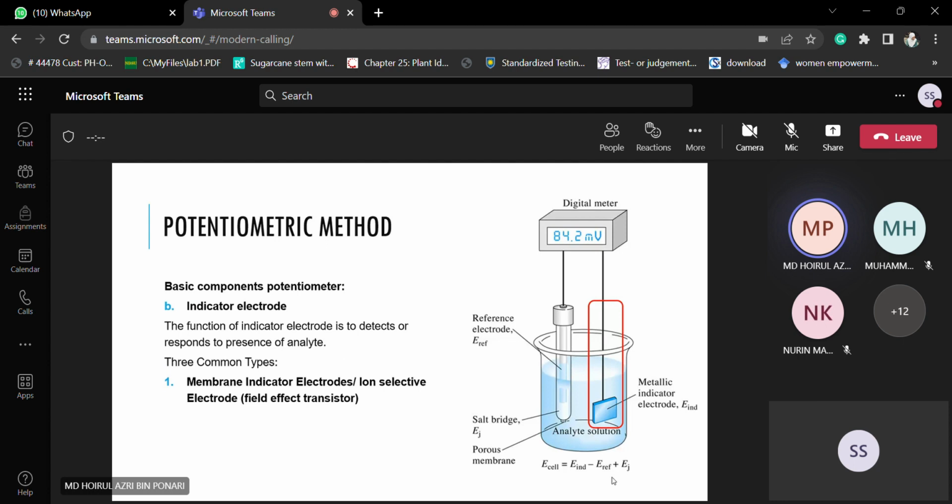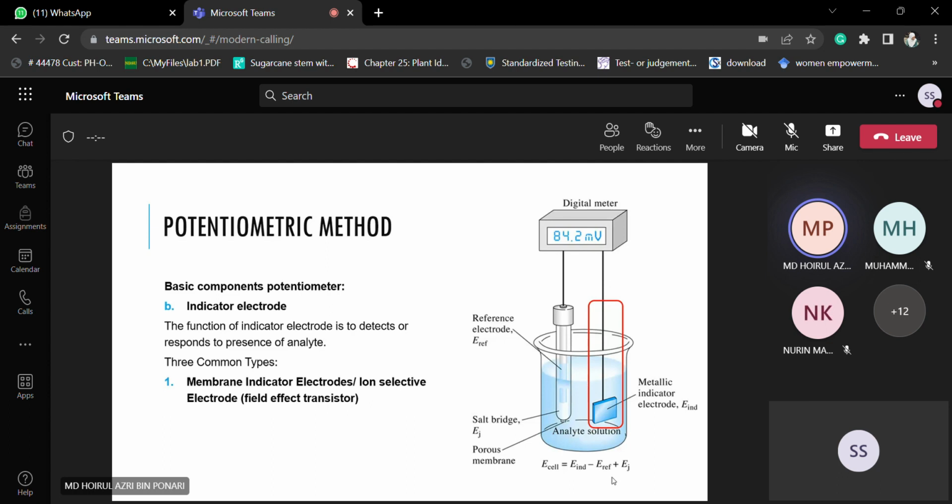Okay, then apart from reference electrodes, we have indicator electrodes. Okay, the main function of the indicator electrode is to detect or respond to the presence of analyte or ions in our samples. Okay, so this electrode is the one that measures the concentration of ions in a sample.